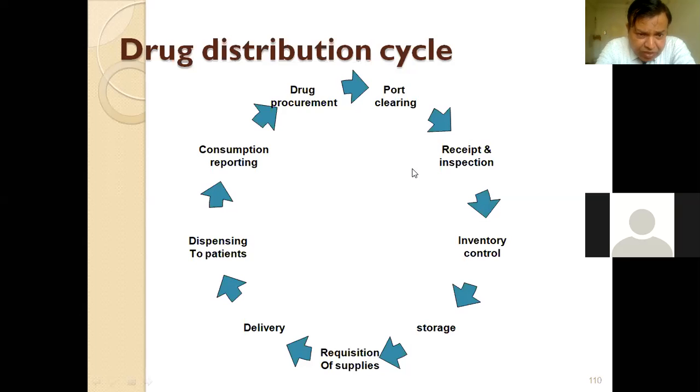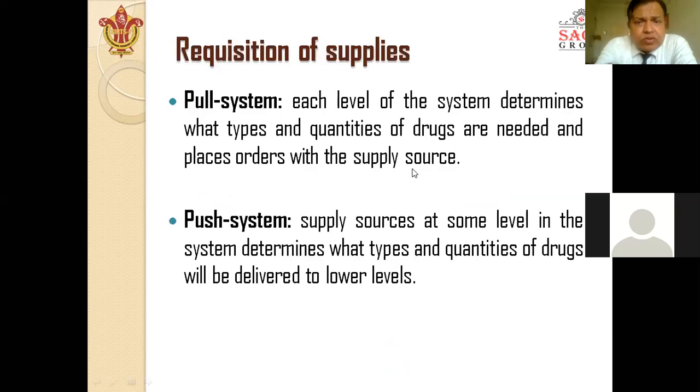Next is the consumption report, prepared by the pharmacist. It shows the number of drugs consumed or supplied to the patient or a particular department. After the consumption report, demand is again generated for the procurement of drugs. This is the drug distribution system or cycle in a hospital.